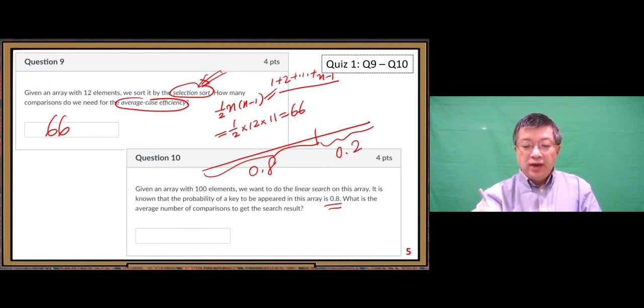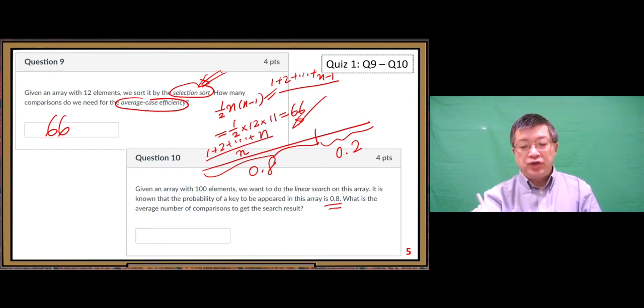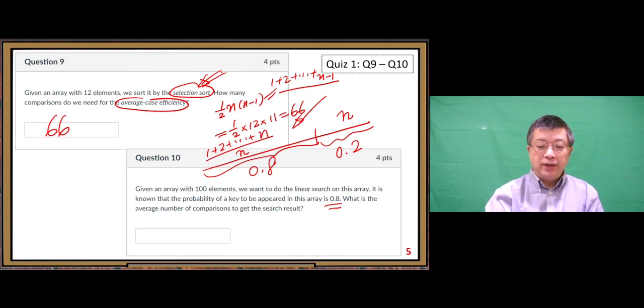So you need to find the average. For this case, the average of 1 plus 2 plus up to n, over n. Then you find that number: 0.8 times n plus 1 over 2, plus 0.2 n.